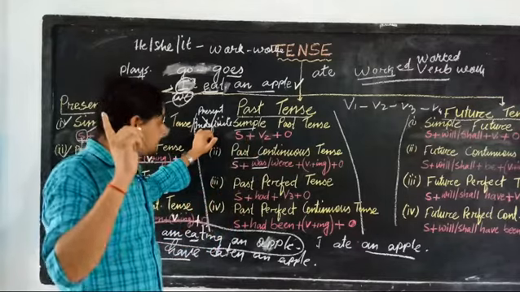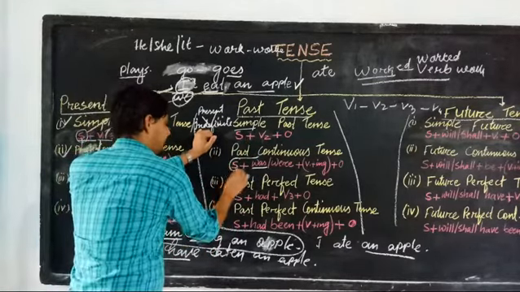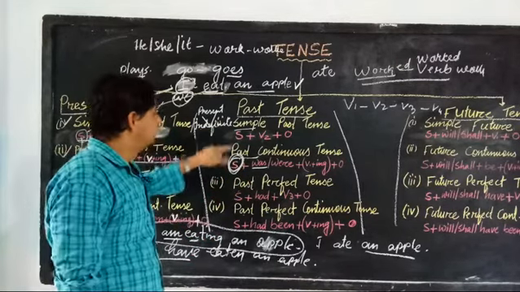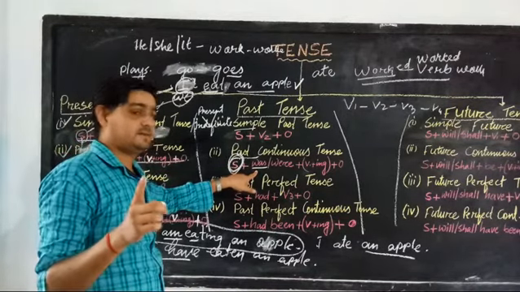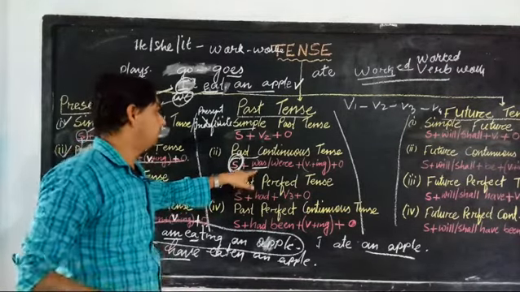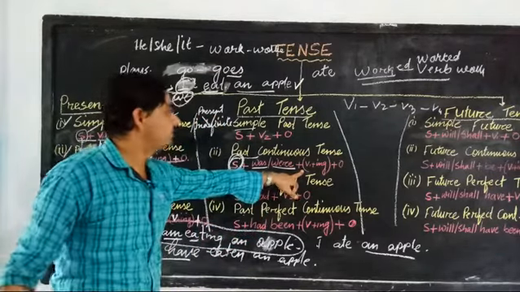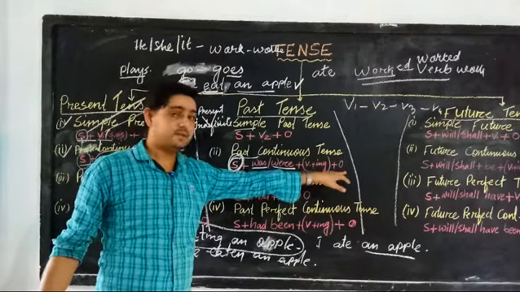If the subject is singular, then we will use was. If the subject is plural, we will use were. Then add verb 1, then ing. Then what is the object?